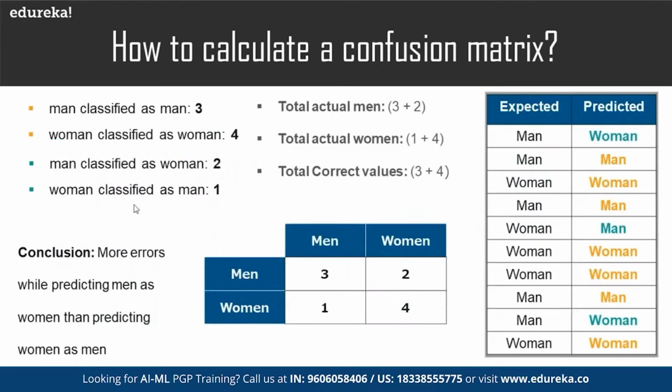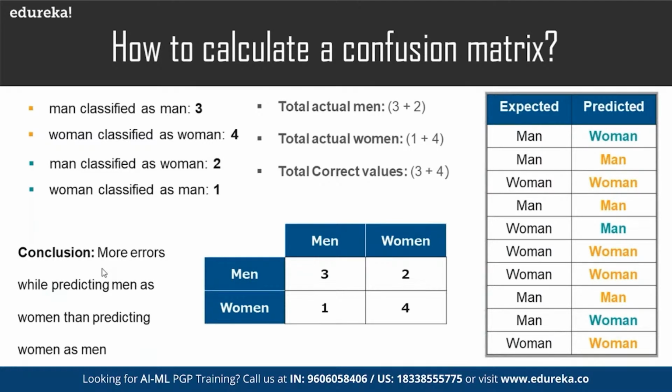So moving ahead, how we go about calculating it is again mathematical. We use true positive, false positive, true negative, and false negative, and this is how we get the errors here. And the conclusion, as per this example: whenever a man is classified as a woman, 3 is the value we are giving just for the sake of the example.